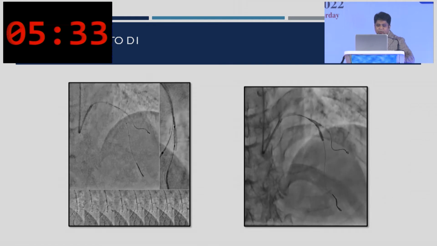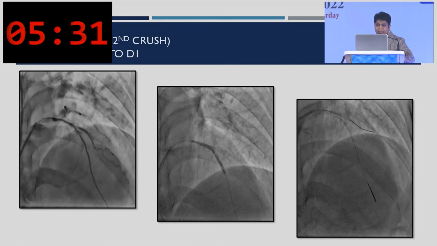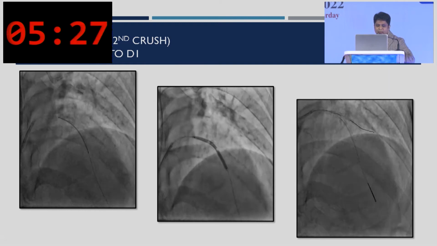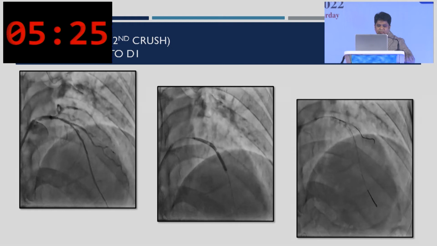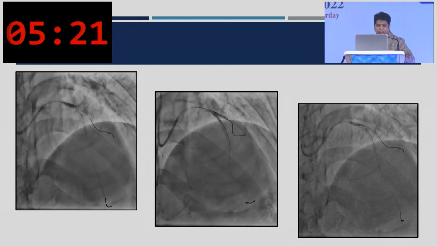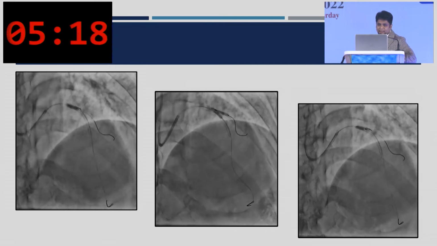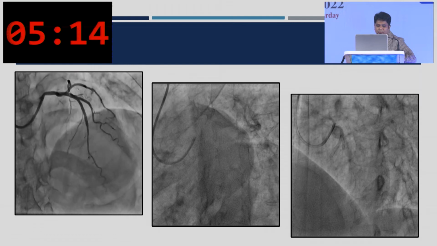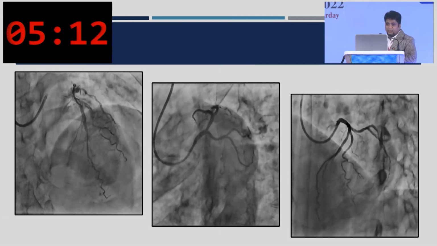After that we put a stent to the LAD, from the distal main branch to the proximal main branch, and this is the second crush. We recrossed the wire to the diagonal, and we did a first POT, then the second kiss, and the re-POT. So that was our terminal result.